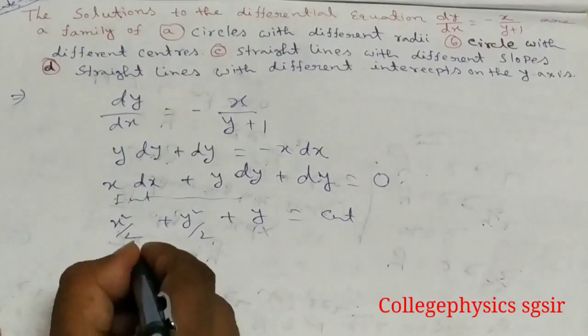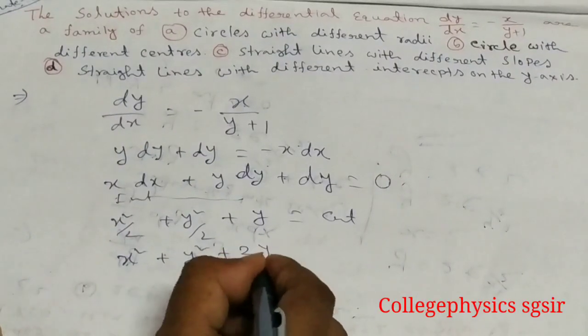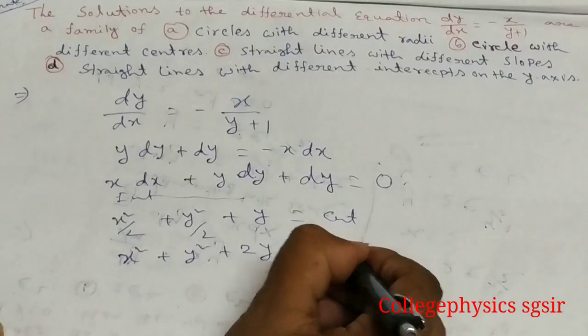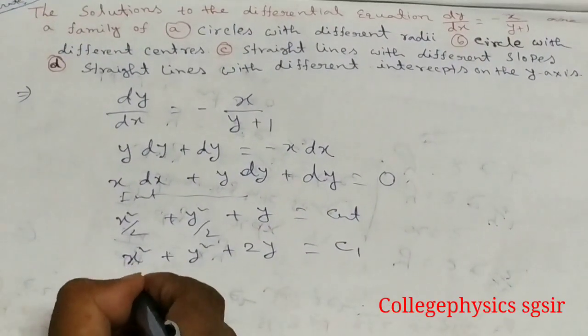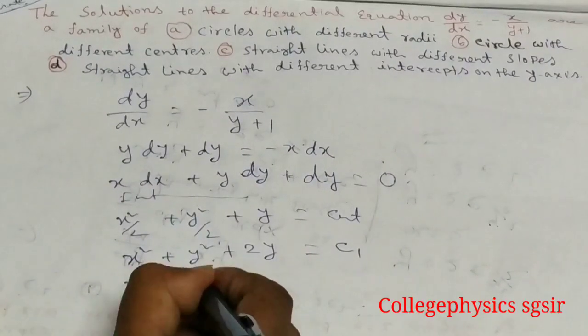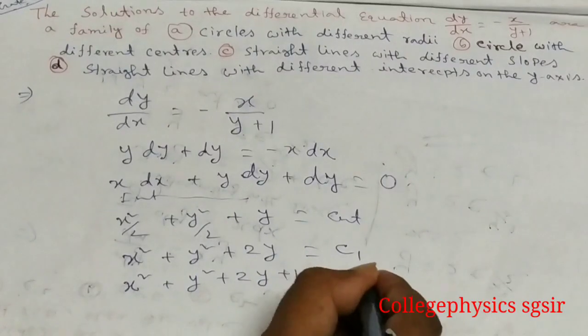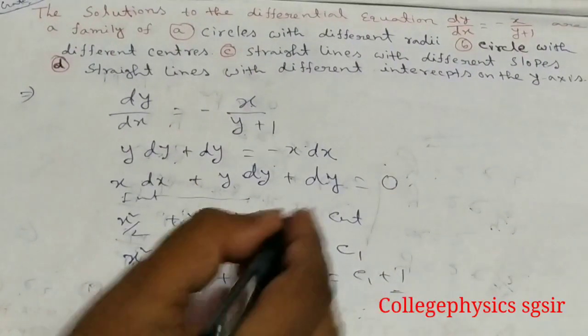Multiply both sides by 2: x square plus y square plus 2y equals, suppose the constant times 2, we write c1. Now we can write x square plus y square plus 2y plus 1 equals c1 plus 1. We add plus 1 on both sides.